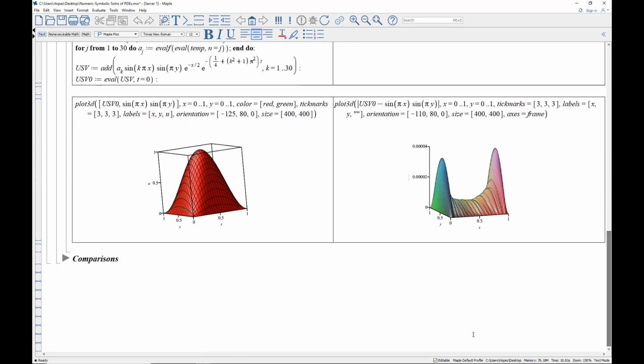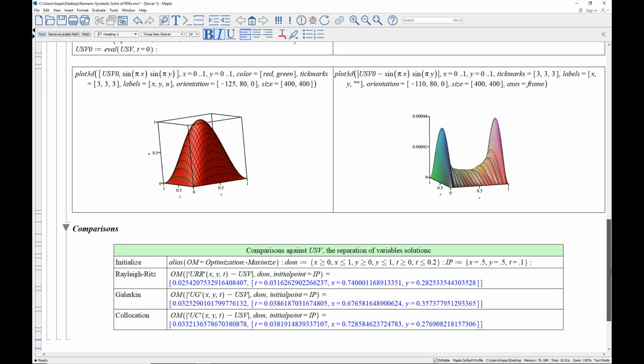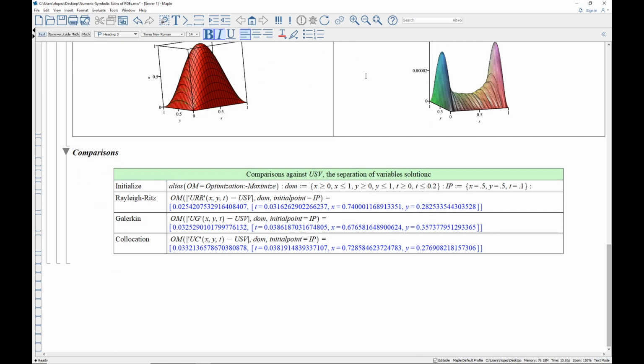So finally, we're in a position to compare the approximate solutions to this separation of variables solution. And here I'm going to use optimization maximize on this domain with an initial starting point for the numeric maximization.